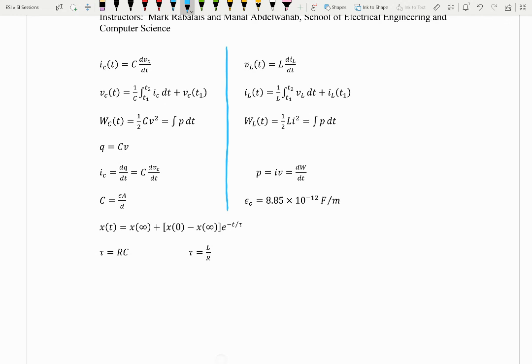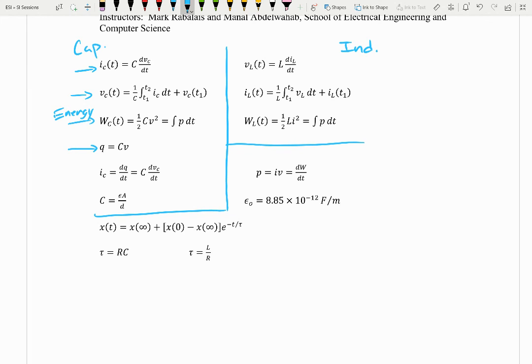See here, in this blue box, these are going to be our capacitors. In this box, these will be our inductors. Okay. So we have equation for current, voltage. This W here is energy.